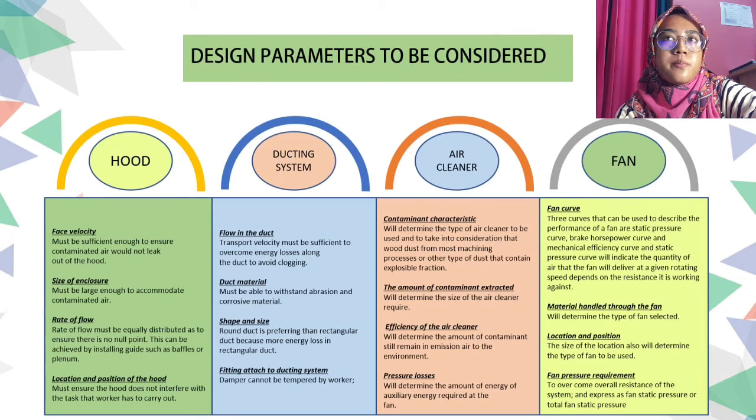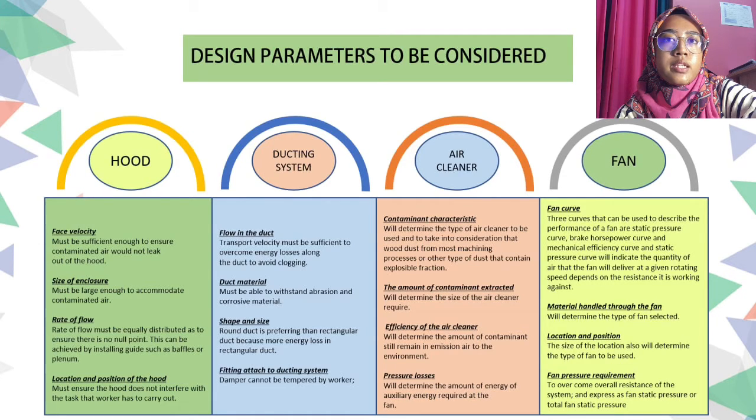For hood design parameters, the velocity must be sufficient to ensure contaminated air does not leak out of the hood. The size of the enclosure must be large enough to accommodate the contaminated air. The rate of flow within a hood must be equally distributed to ensure there is no null point.